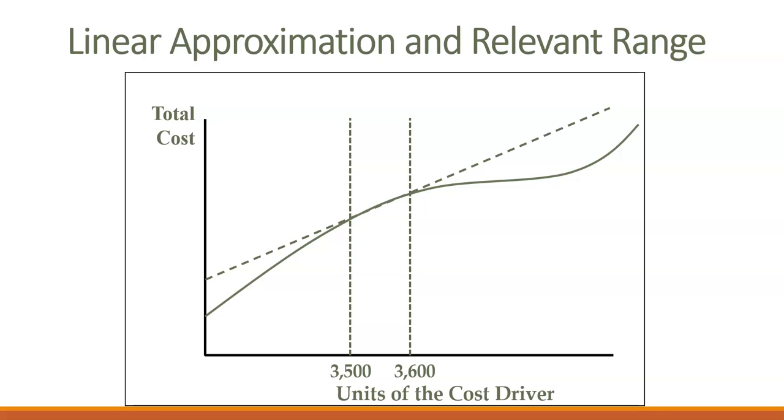So that means within a certain level of production, that range has a linear relationship. And so we refer to it as the relevant range. And when we're working in cost accounting, we stay inside that relevant range so we can use the information. We don't look at the outliers.